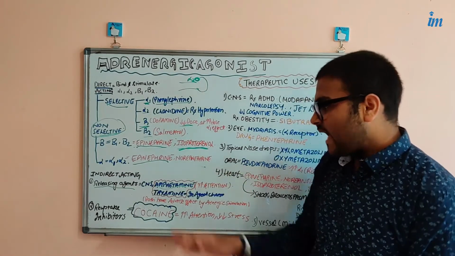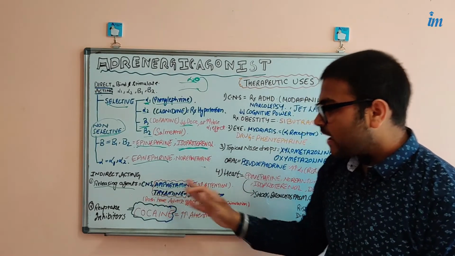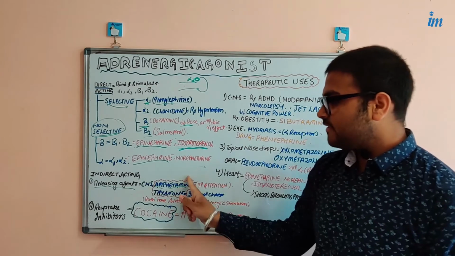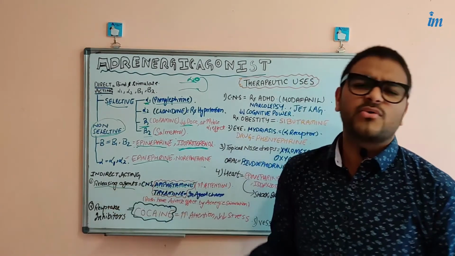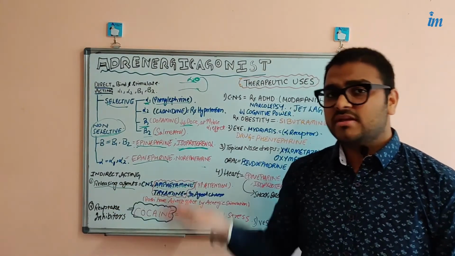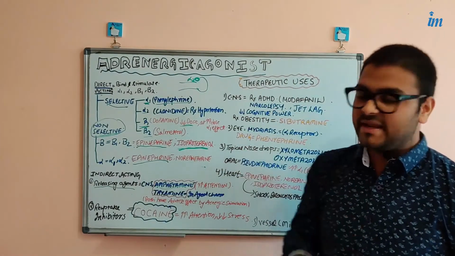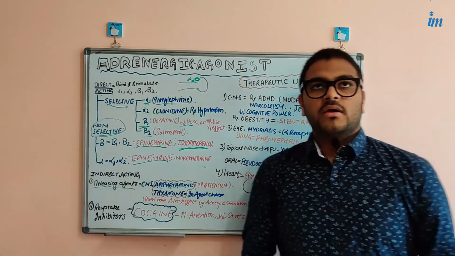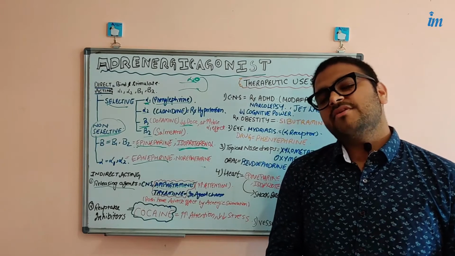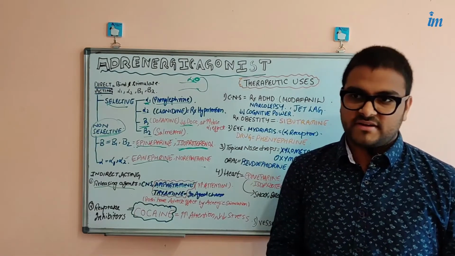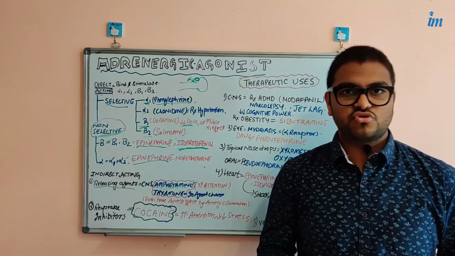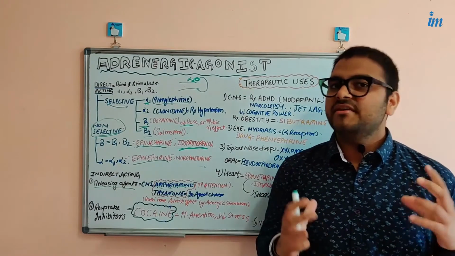So this amphetamine, and the other is tyramine. Amphetamine and tyramine, what are they? They are releasing agents. What are they causing? Increased level of norepinephrine in your brain. Remember, whenever the norepinephrine level increases in your brain, what effect does it produce? It causes you to become very attentive, very focused.